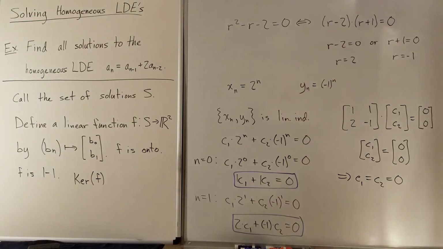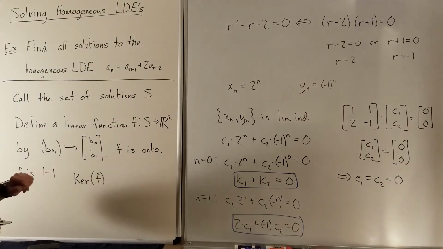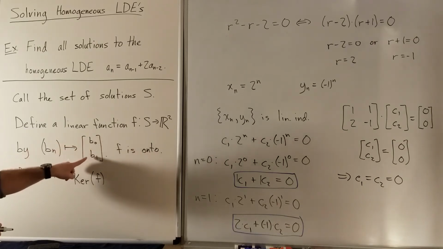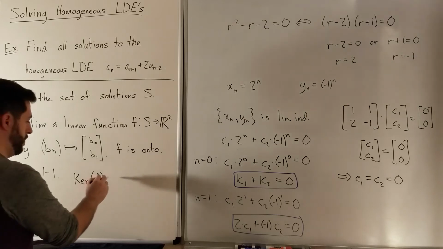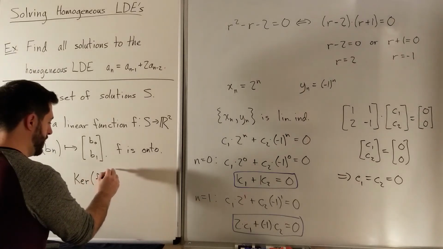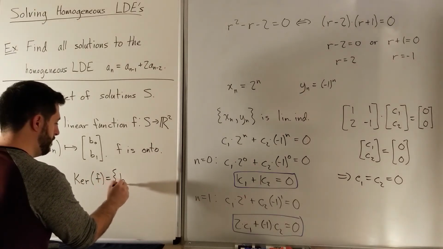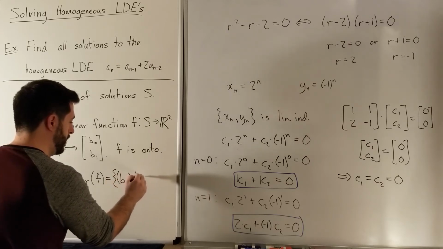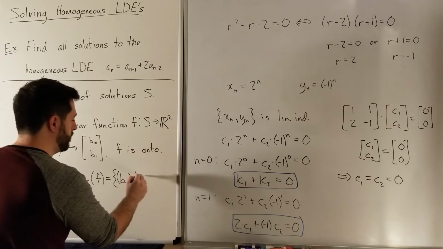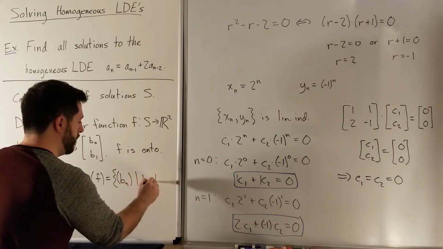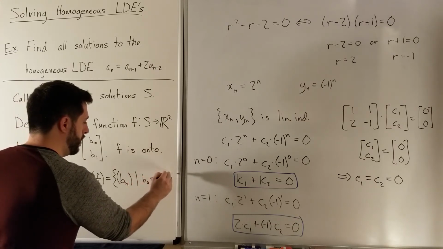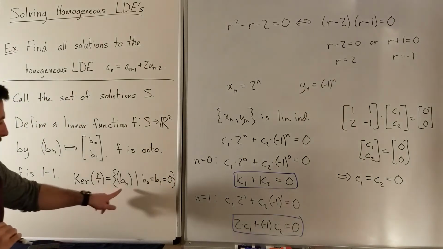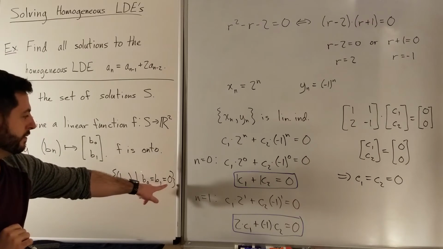Well, the kernel is the set of sequences such that this ends up being 0. So it's the set of Bn such that both of these entries are 0.